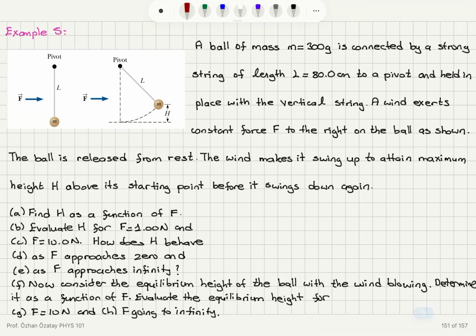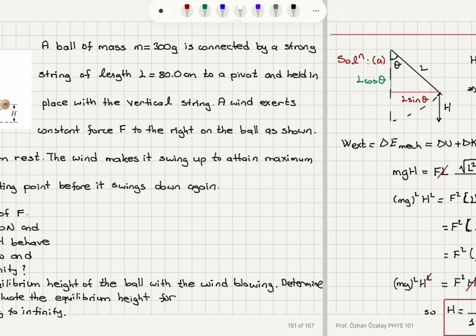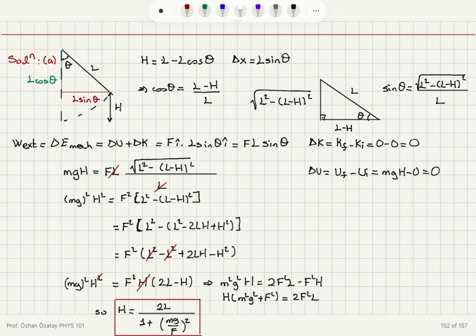Does that make sense? If I apply an infinite force here, the maximum height I can reach will be equal to 2L. So I'm going to reach the top, basically.